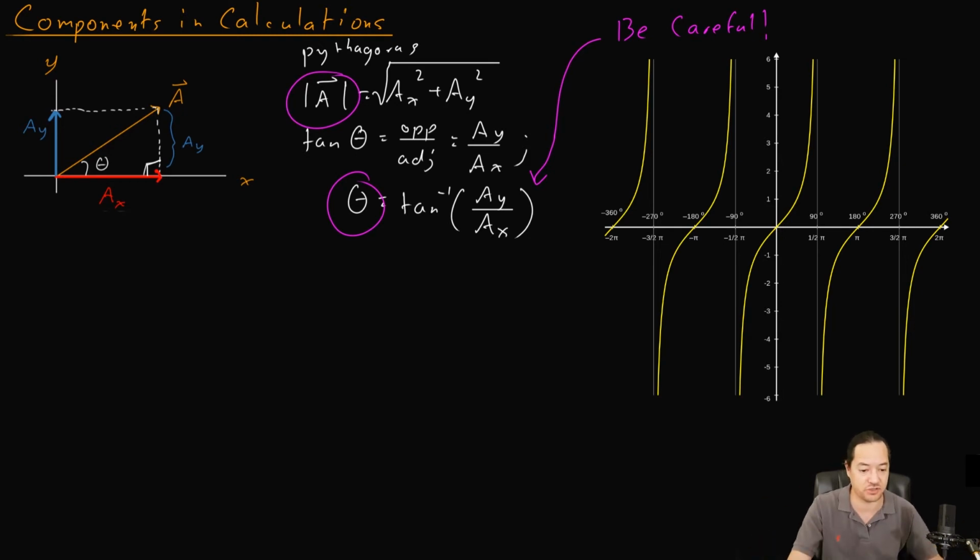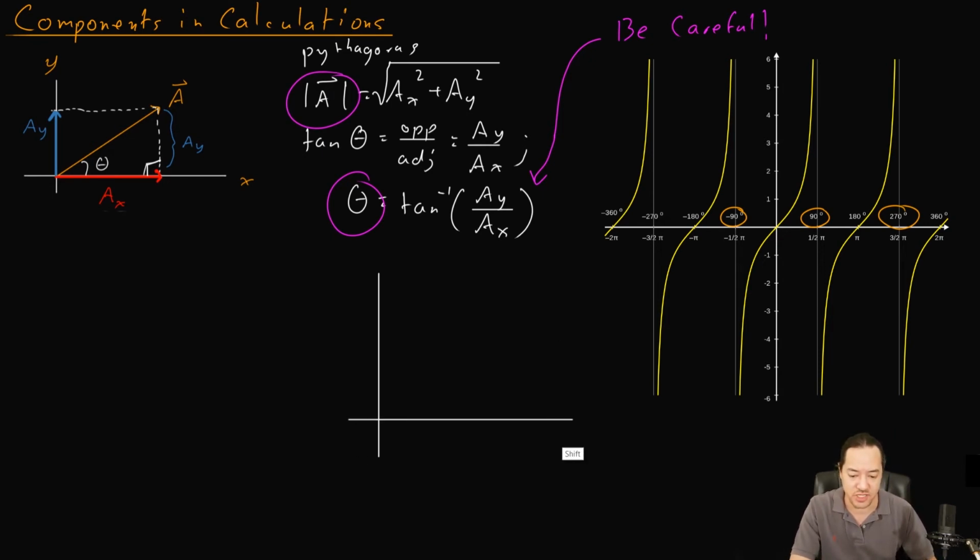And what you can see is, it has this swoopy shape here. Between negative 90 degrees and 90 degrees, we have this continuous curve. And then after 90 degrees, between 90 and 270, this curve shape repeats itself.